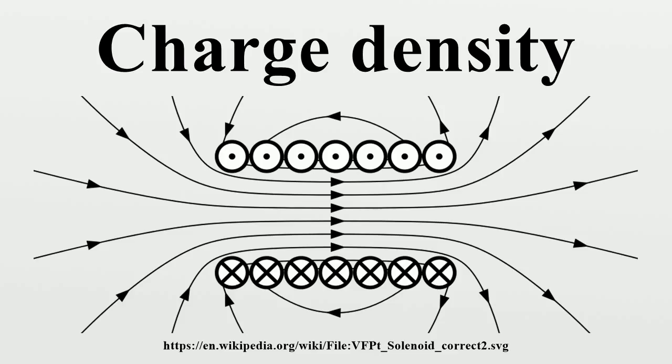He used a Minkowski diagram to show how a neutral current-bearing wire appears to carry a net charge density as observed in a moving frame. When a charge density is measured in a moving frame of reference, it is called proper charge density. It turns out the charge density rho and current density J transform together as a four-current vector under Lorentz transformations.